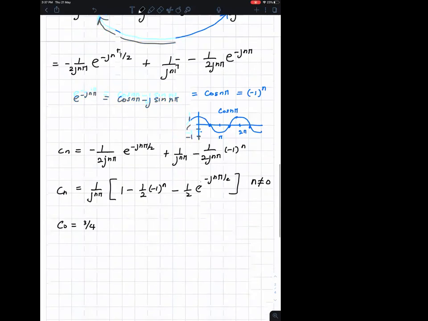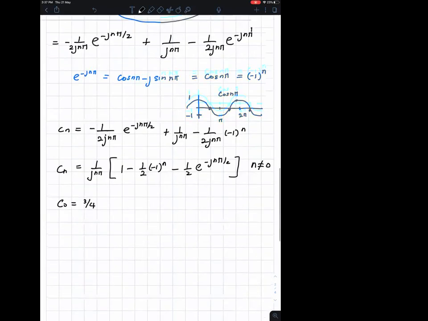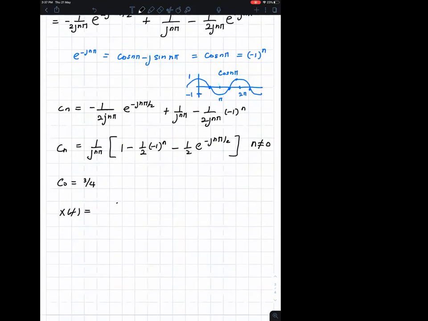x(t), then you put them all together, complex exponential Fourier series, sum from minus infinity to positive infinity of Cn e to the j n pi over 2 t.